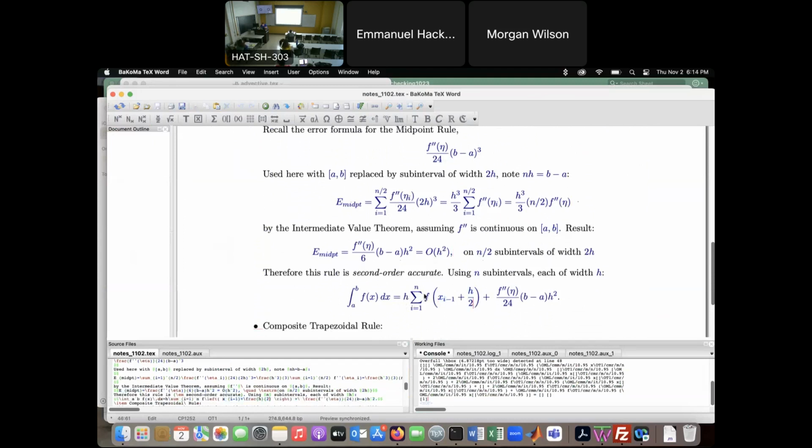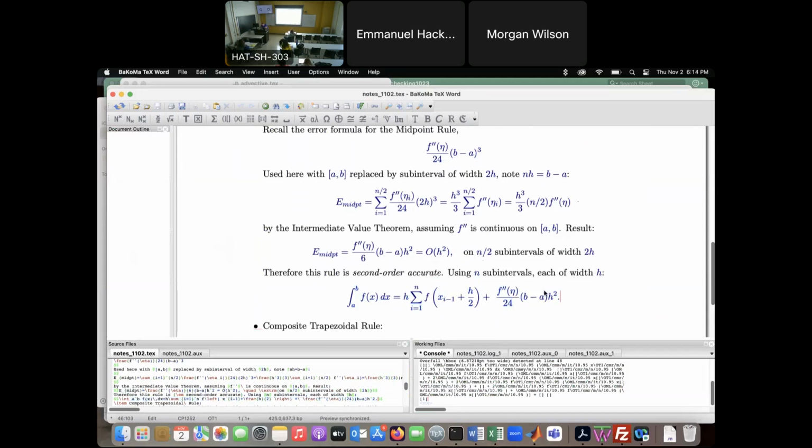So I add all those up. So then that changes the error formula a little bit. The constant. So now you have 24 instead of 6. And it's because the width of the subintervals is cut in half. And this method is order h squared. So this is a more conventional writing of the midpoint rule and its error.